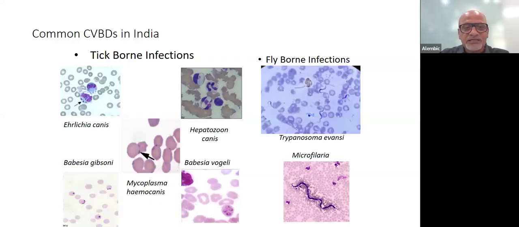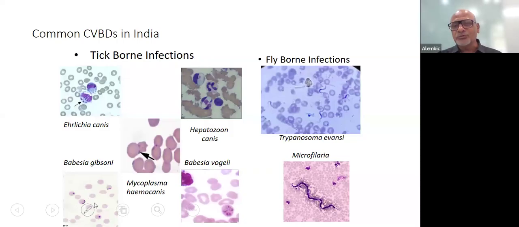And then you will see here the mycoplasma. These are very small organisms, rod shape or cocci, which are sitting on the RBCs. And here you will see Babesia gibsoni organisms, which are a small piroplasm.